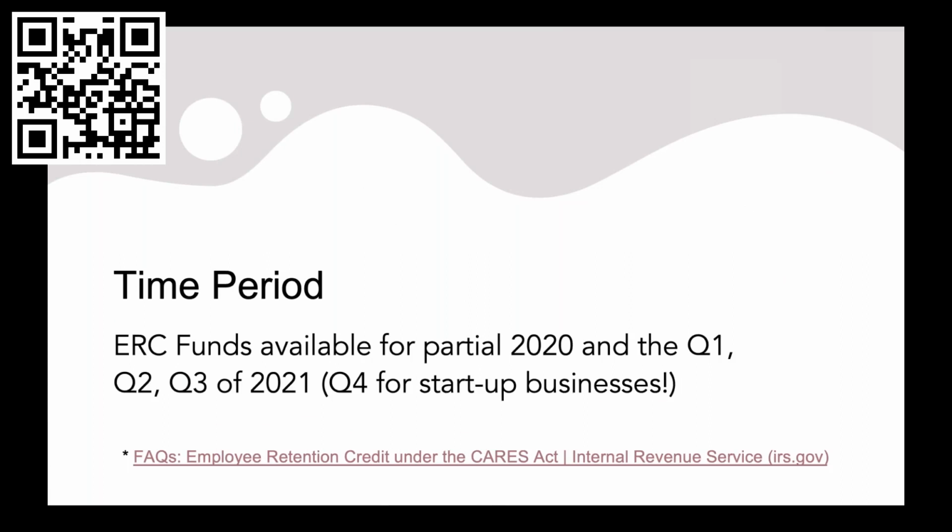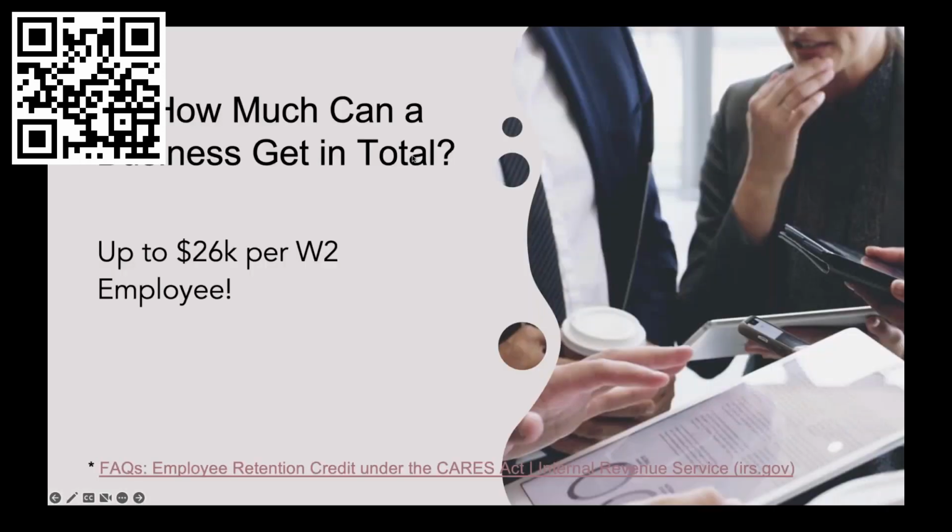If you were a startup, a new business in the pandemic, you could go all the way to the end of 2021. And instead of $5,000 a pop, businesses may be, and this is a key phrase, may be eligible for up to $26,000 per employee.